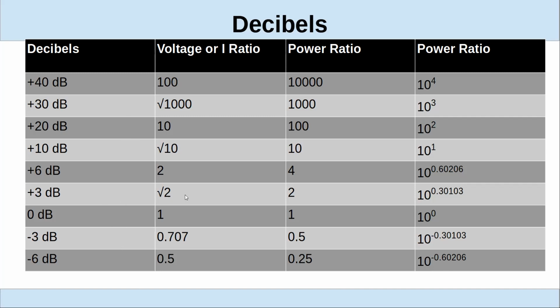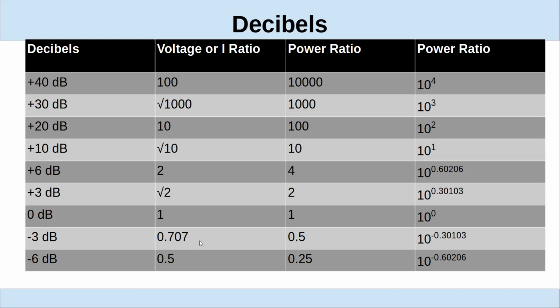So 3 dB turns out to be a power ratio of 2. If I do the log of 2, I get this number, which is why they're not round. But if you work it backwards, I think I did on the next chart, it's actually 2. If this was a voltage ratio, it's the square root of 2. So that's where the other 20 versus 10 comes in.